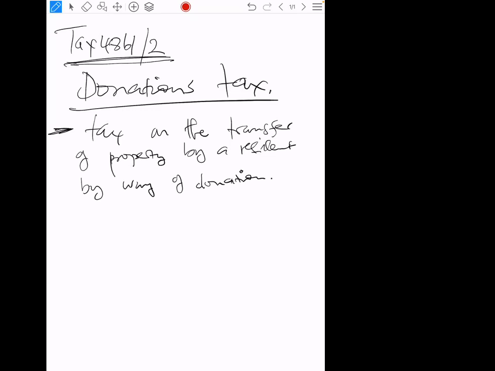Okay. Property, resident. So if you are going to transfer a property to another person and you are a resident person, you will be liable for donation tax. That's what we have heard so far.